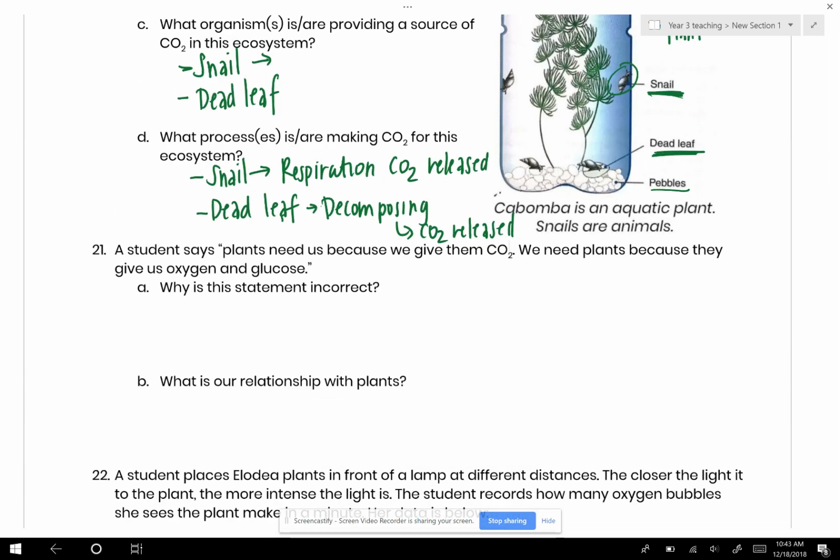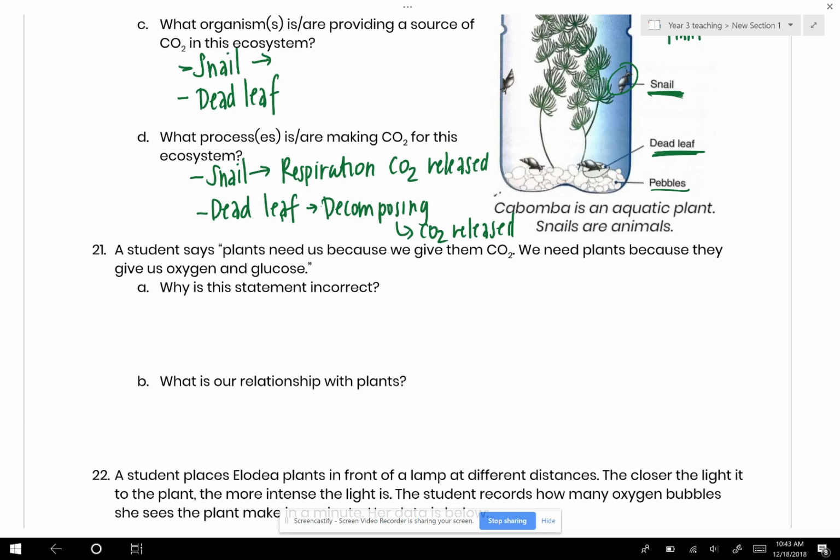For number 21, a student says plants need us because we give them CO2, and we need plants because they give us oxygen and glucose. They ask: why is this statement incorrect, and what is our actual relationship with plants?